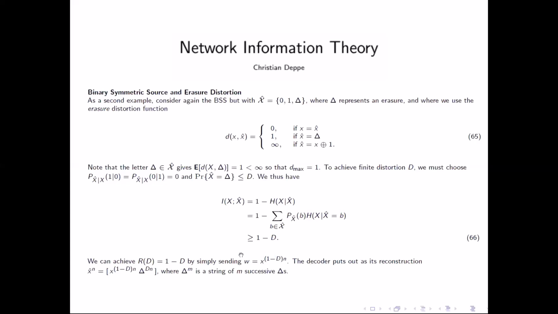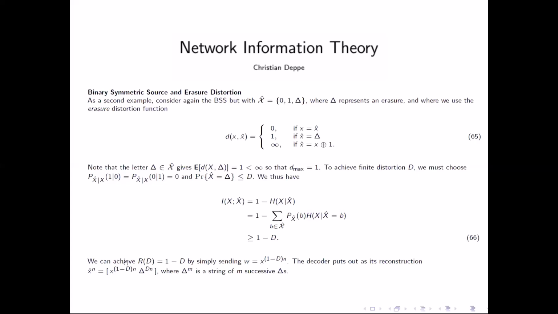And we just map it to w and send them. And the decoder now puts out the reconstruction x hat of n by just the first 1 minus d times n symbols. And at the end, he just puts d times n erasure symbols.